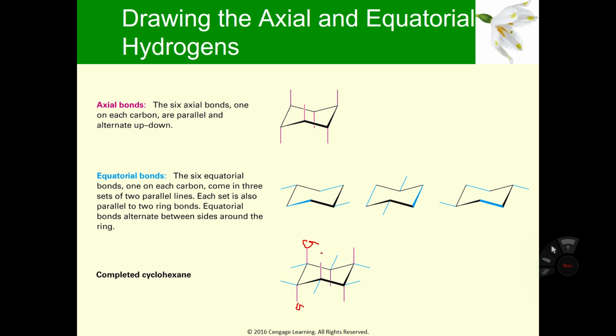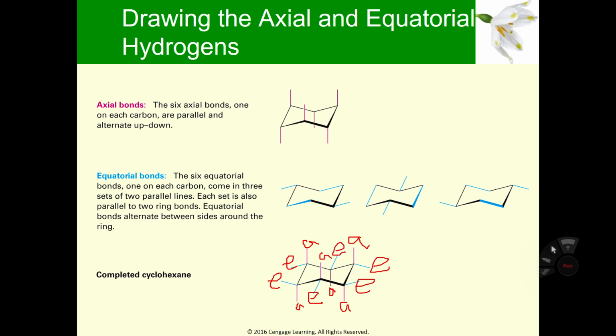This is axial hydrogens. This is axial. This is axial. And this is axial. But this is equatorial. This is equatorial. Equatorial hydrogens. This is also equatorial hydrogens. This is also equatorial hydrogens.